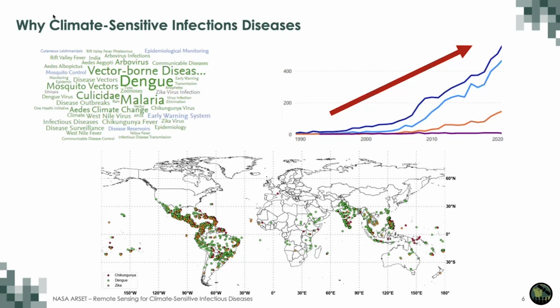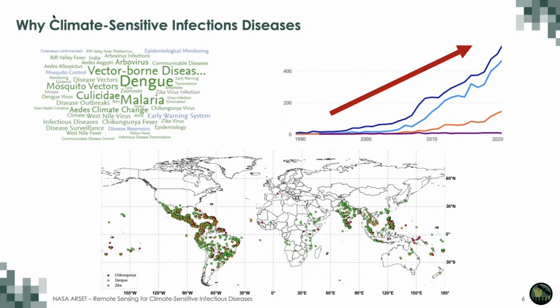And we can note that from the increasing number of publications on various vector-borne diseases and various infectious diseases since 1990. Most of these diseases are mosquito-borne, including malaria, chikungunya, dengue, and West Nile virus.